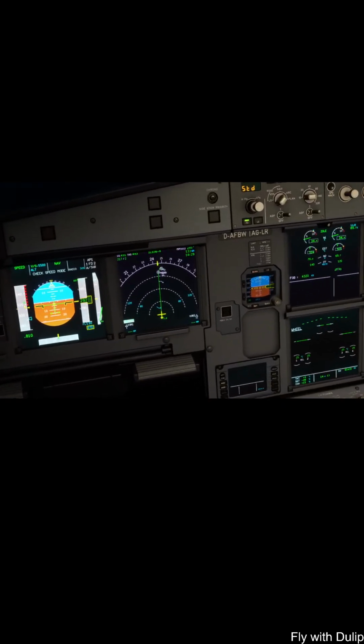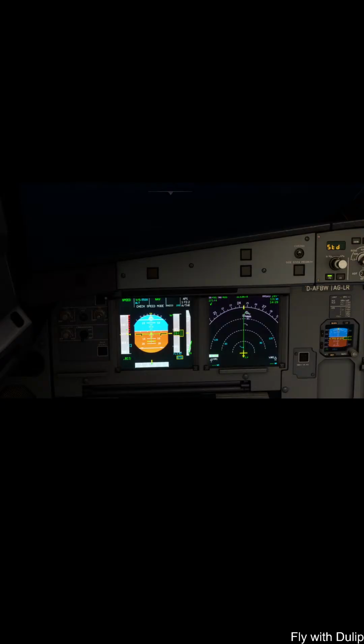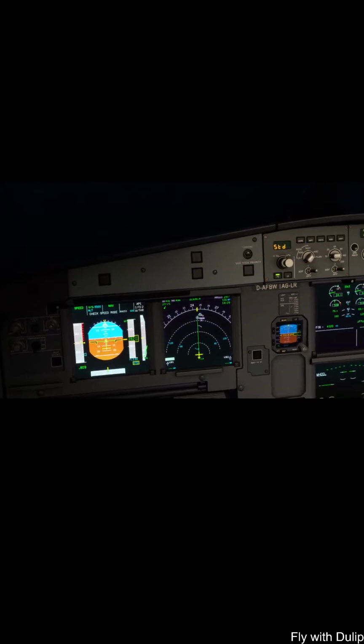We are on. This is for the perfection in the approach. Right now we have around 132 nautical miles. So let's clear this up. I think while we are on the descent, we can quickly approach.